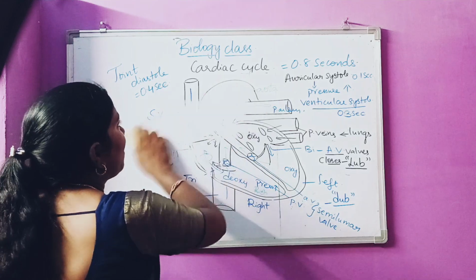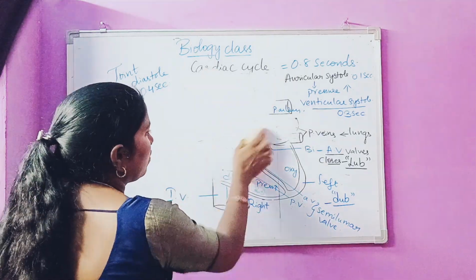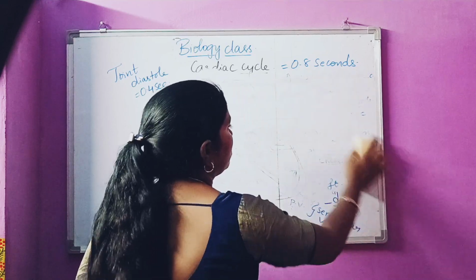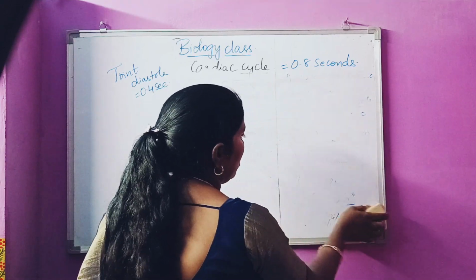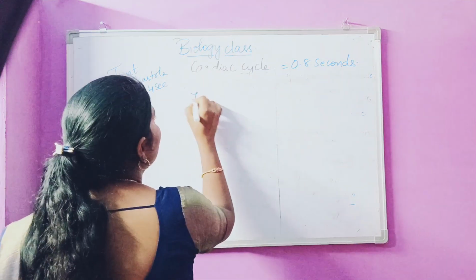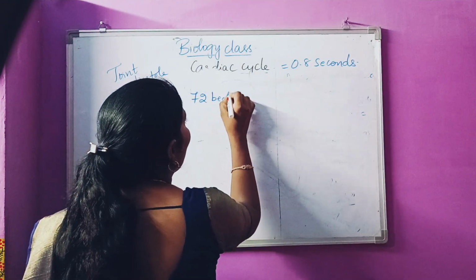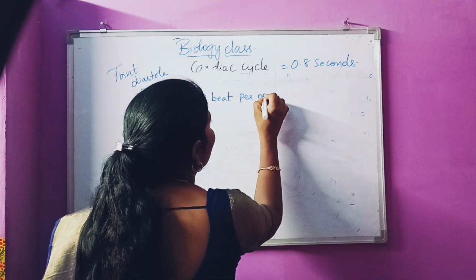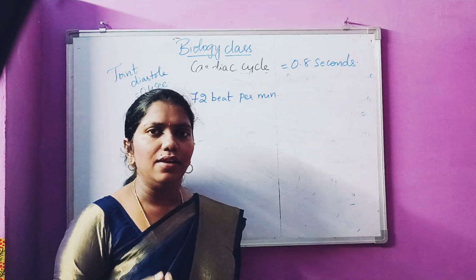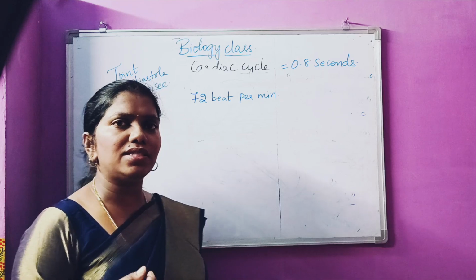So we will see here. How many beats in a normal adult? It is 72 beats per minute. In a normal adult, the number of beats per minute is 72.